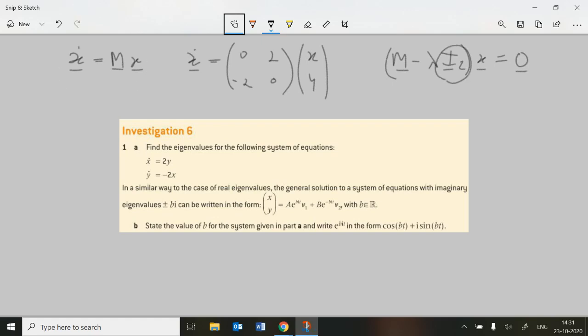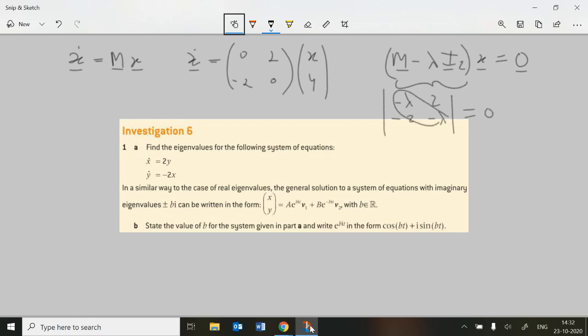And of course, we're dealing with things in 2 dimensions. So to find the eigenvalues, we first need to find this matrix. It gives us the matrix minus lambda, 2, and -2, minus lambda. Now we need to find when the determinant is equal to 0.